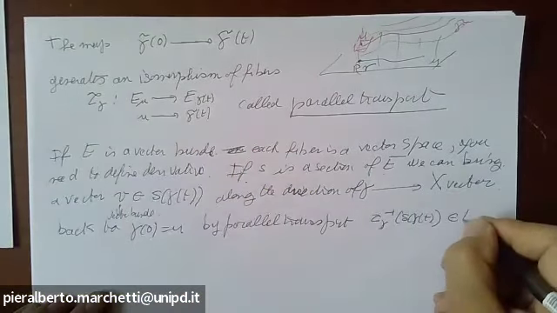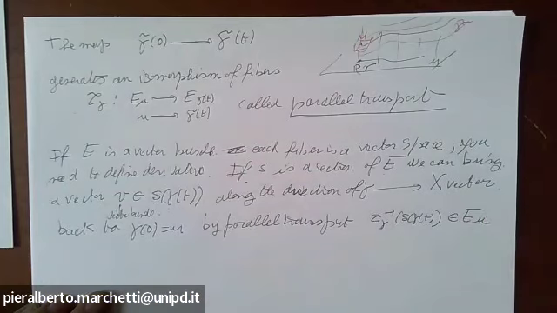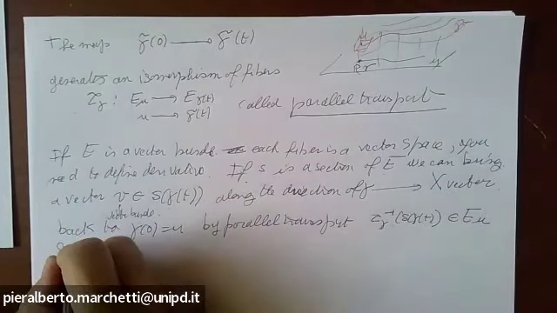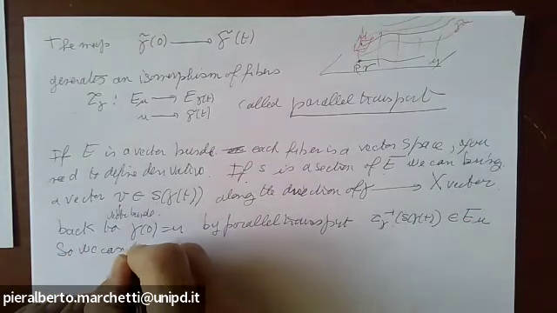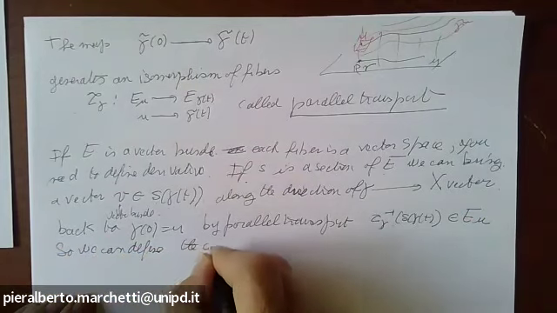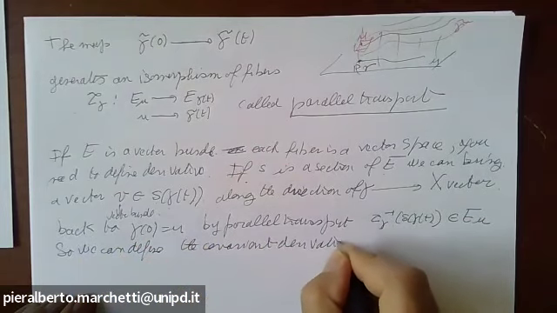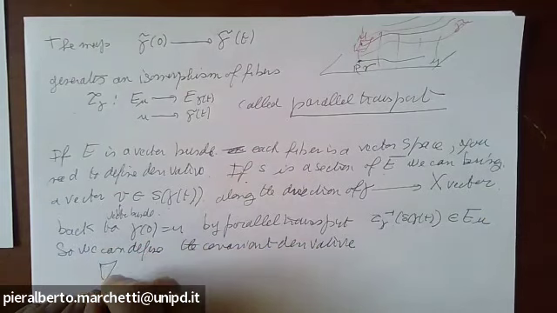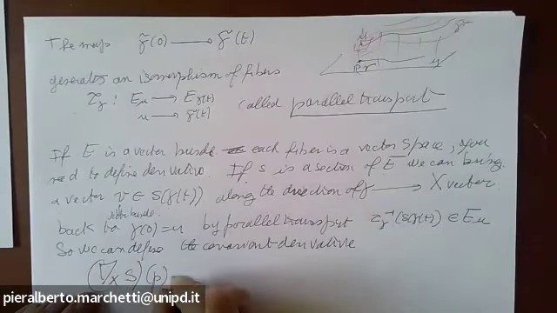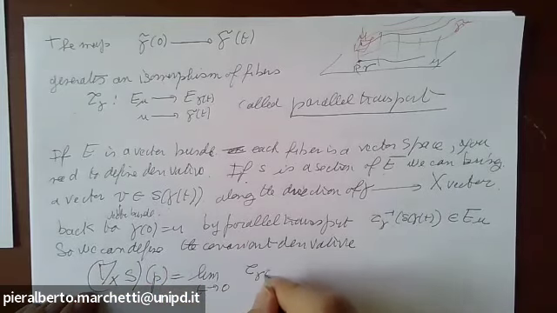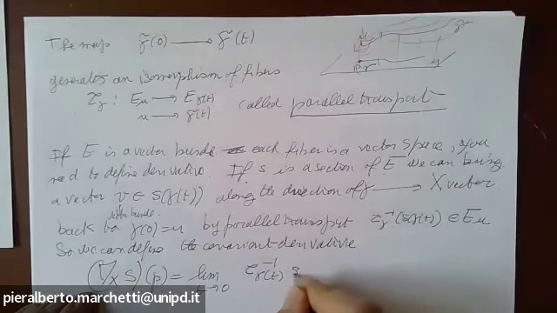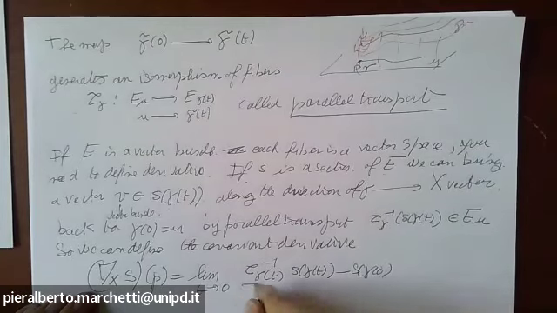And this object now belongs to the fiber over U. So we can define the covariant derivative associated to the connection along the direction of X at the point P as the limit as t goes to 0 of tau of gamma t to the -1 applied to S of gamma t, minus S of gamma 0, divided by t.